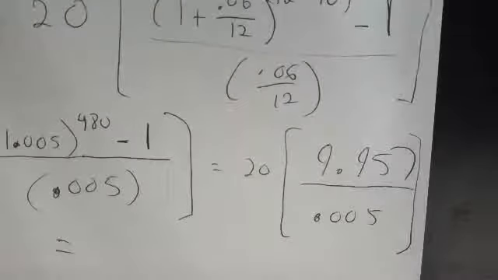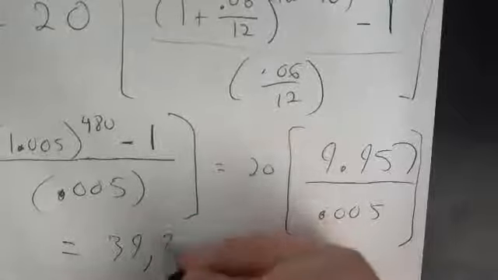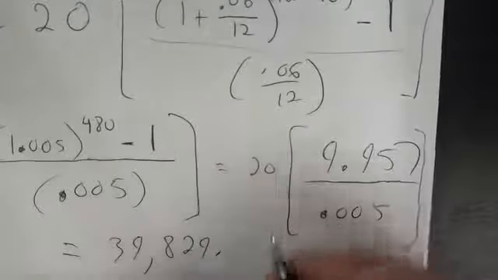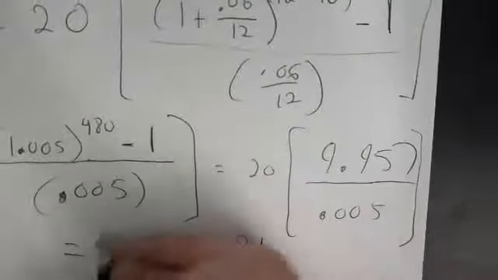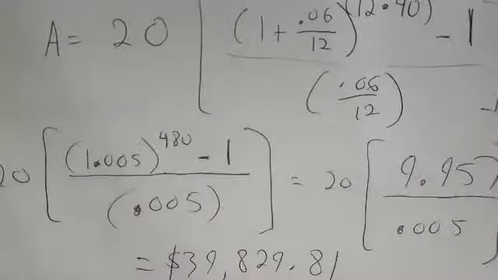So this should be giving me 39,829, is the number I'm getting here. Ooh, and I asked an extra little question in my notes.